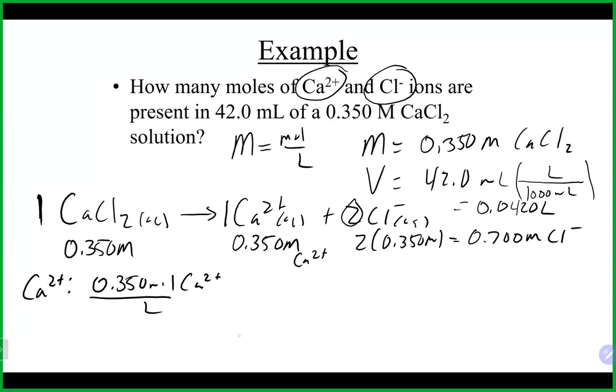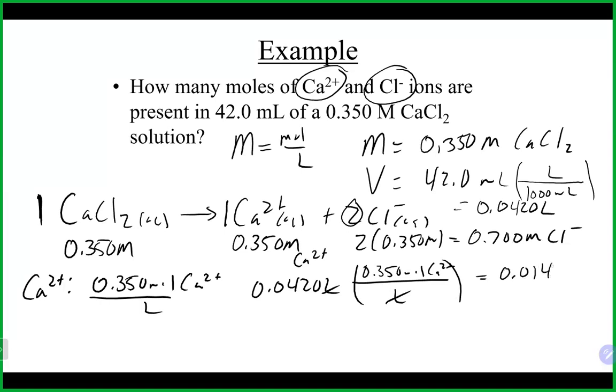I have the volume, so I take 0.0420 liters times the molarity of my calcium, 0.35 moles per liter of calcium. Liters are going to cancel, taking a dimensional analysis approach here. That's going to get me 0.0147 moles of calcium floating around.